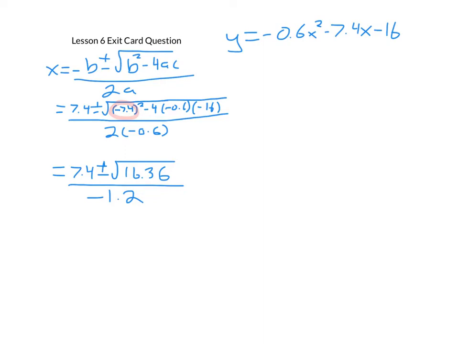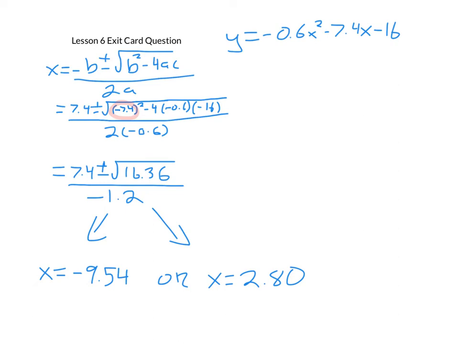Okay, so that's why I was seeing a few numbers that were not the correct answer underneath that root sign. From here, we're going to separate into our two solutions, one where we add the root and one where we subtract the root. So you're going to need to evaluate for 16.36 in both cases.